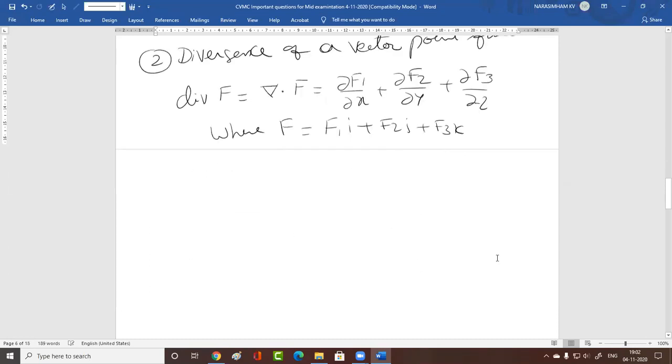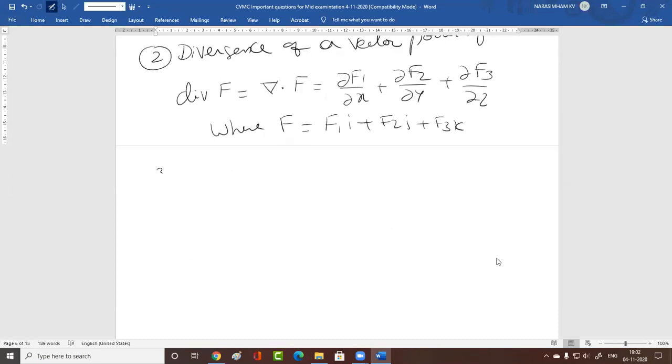Now third definition, curl of a vector point function. It is denoted by curl f.